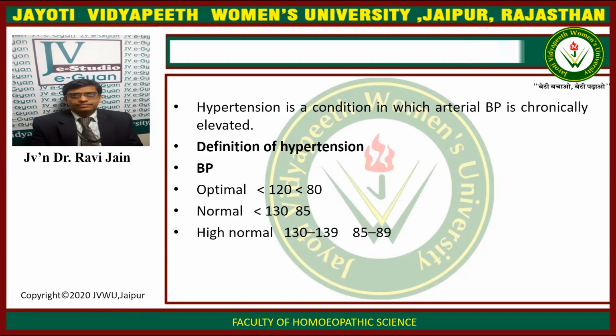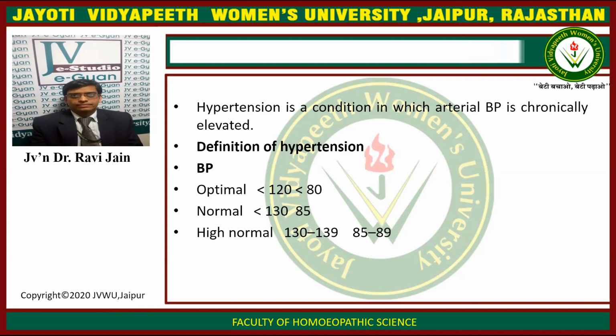So let's start now. Hypertension is a condition in which the arterial blood pressure is chronically elevated. The optimal range is less than 120 systolic and less than 80 diastolic blood pressure.